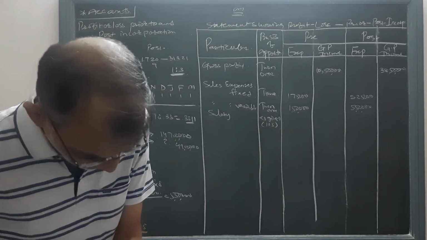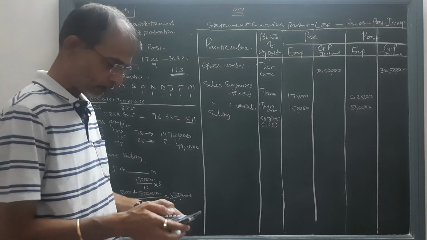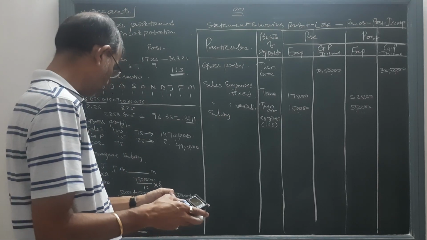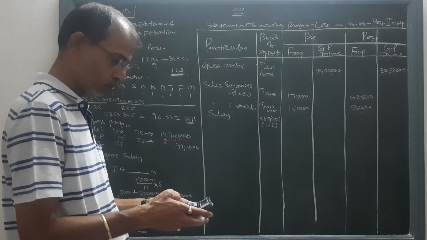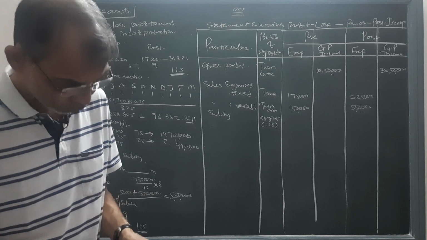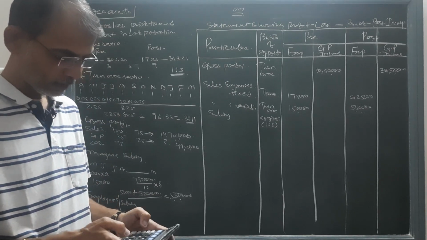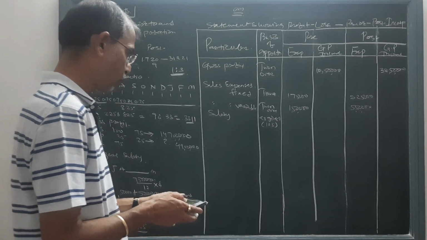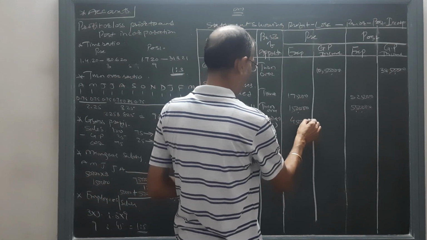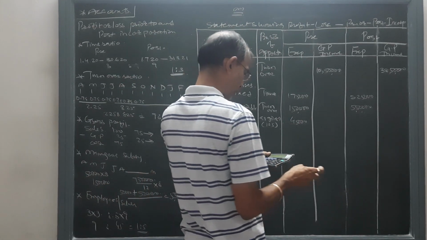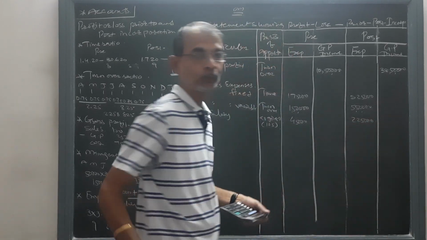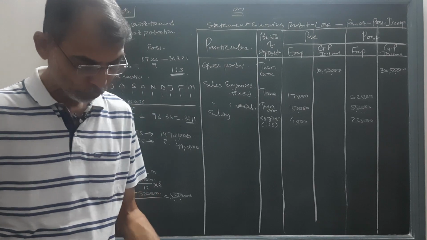Salary is 2,70,000 divided by 6 into 1. So first it will be 45,000, then after it will be 2,25,000, as we found the ratio for that.